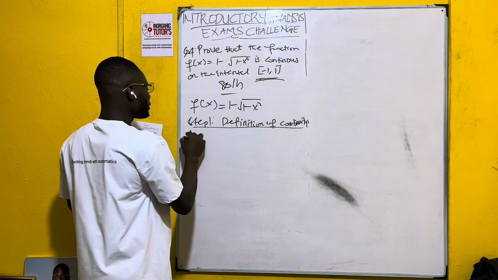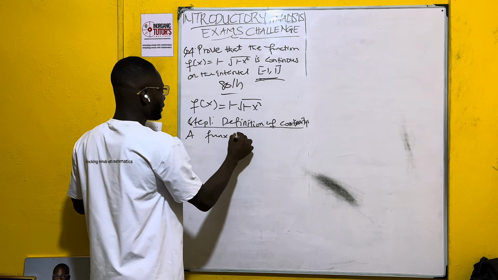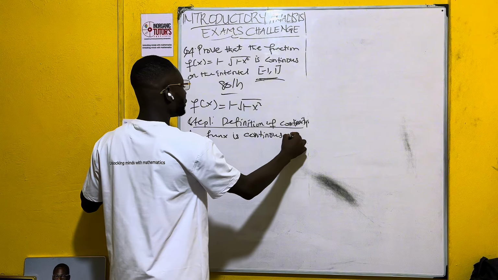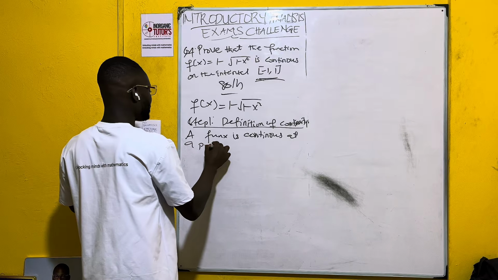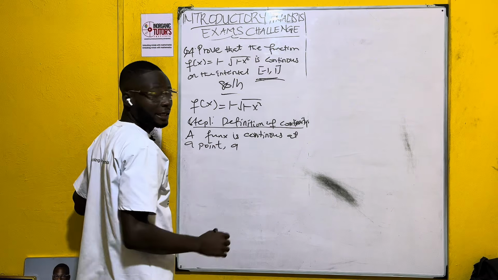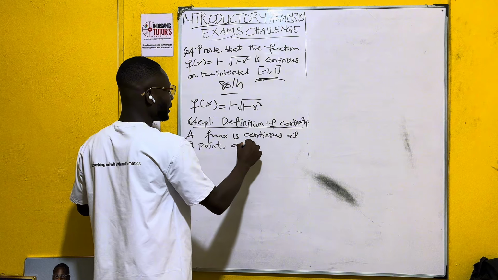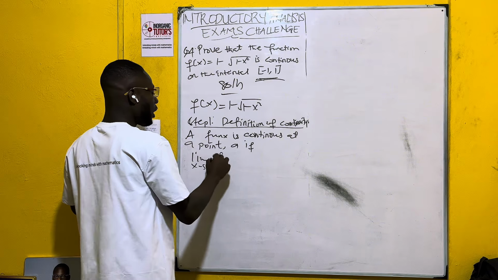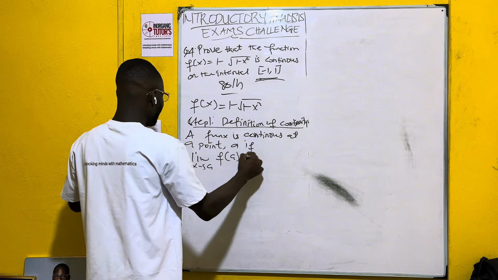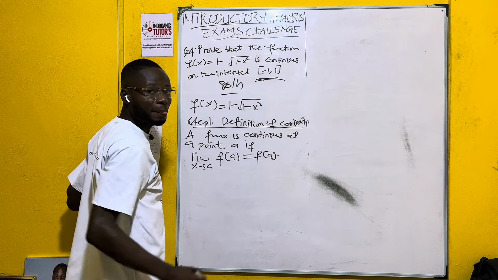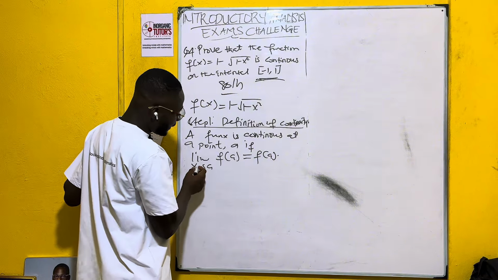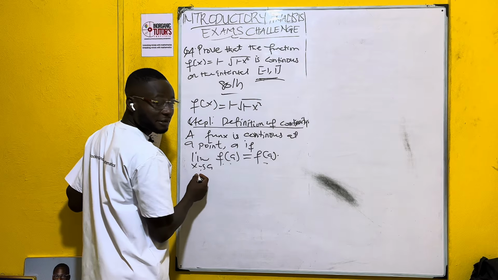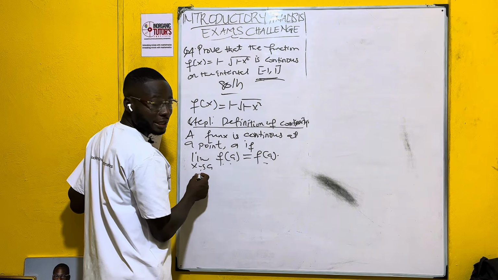So a function is continuous at a point, let's say a, if the limit as x approaches a of the function f(x) is equal to the function f(a).